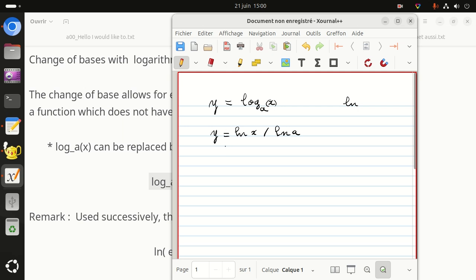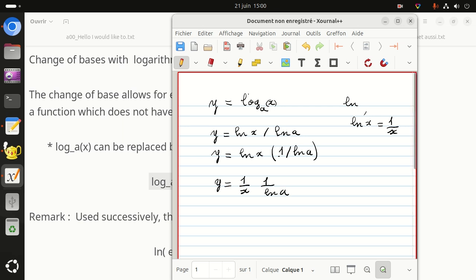Now I can write ln of x divided by ln of a. I know that the derivative of ln of x is 1 divided by x, so I can write y' equal 1 divided by x, times 1 over ln of a.